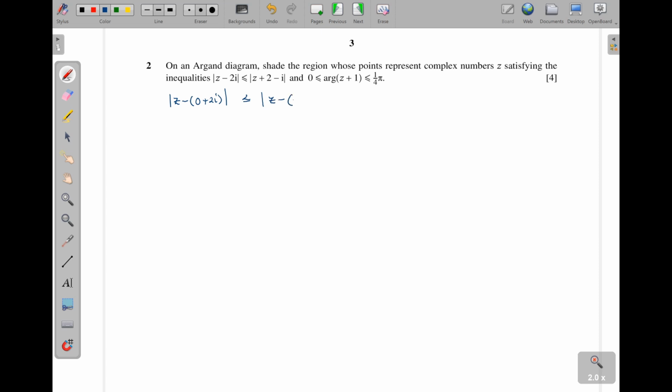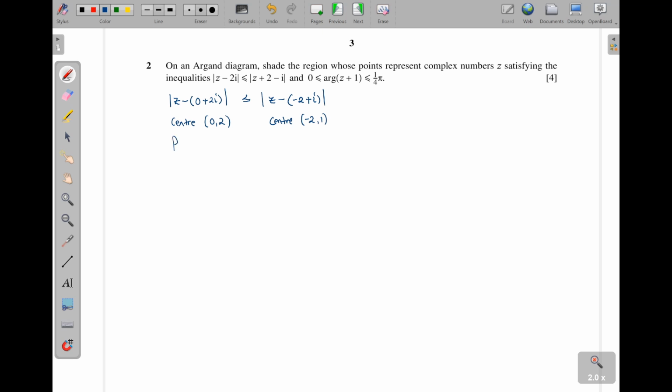This positive 2 now will become a negative, and then the negative i will now become a positive 1. So the center that we are getting here is 0, 2. And then the center here is negative 2, then 1 as the coefficient of i.